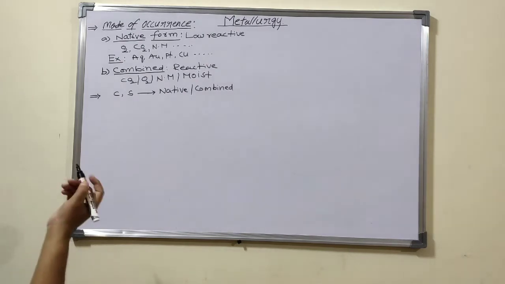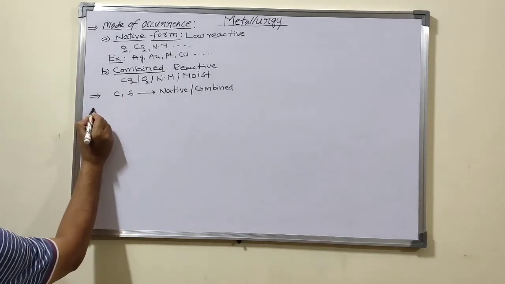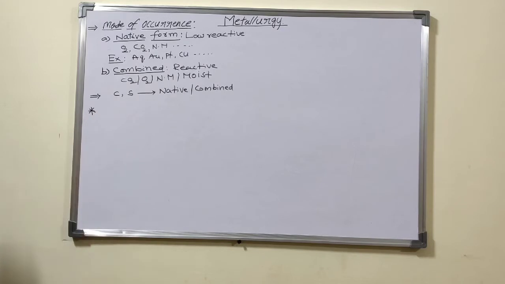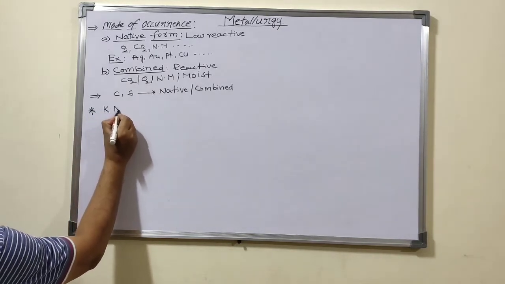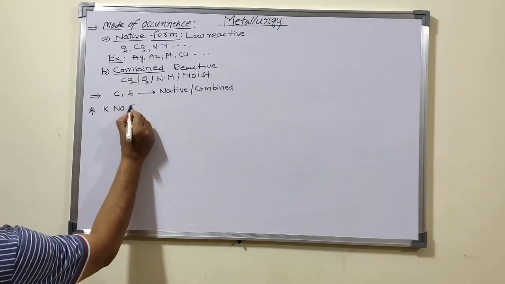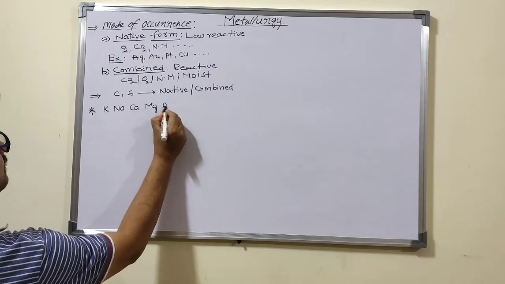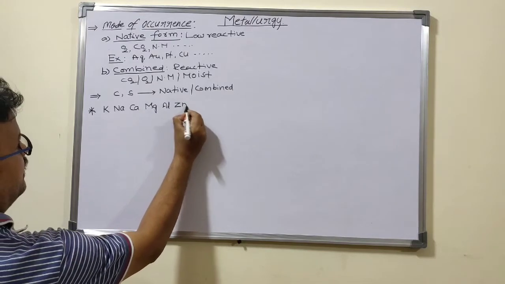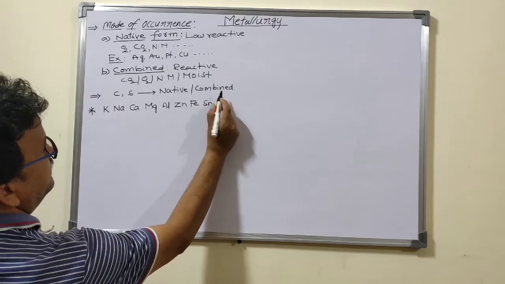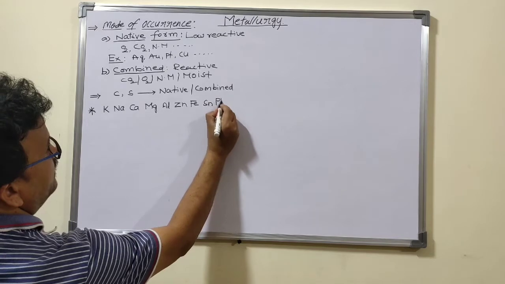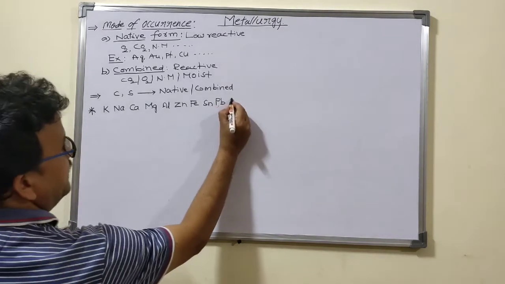So how to remember native form and combined form? We have a small trick, that is the metal reactivity series. In the metal reactivity series, potassium, sodium, calcium, magnesium, aluminium, zinc, iron, tin, lead are above hydrogen.